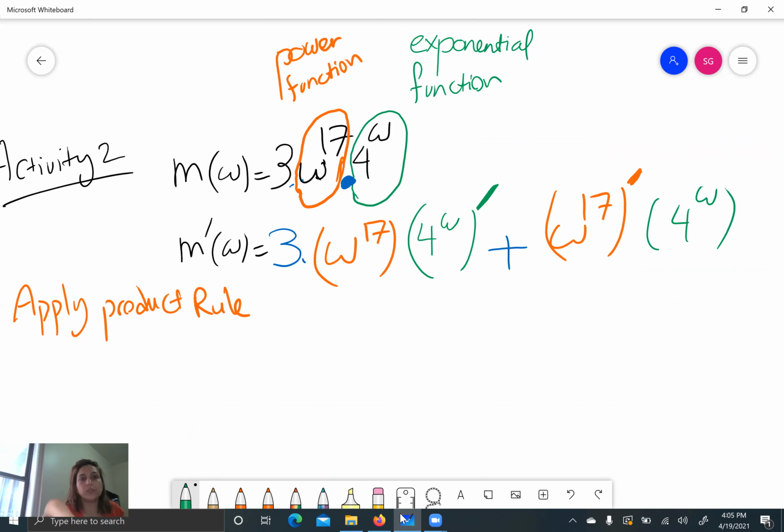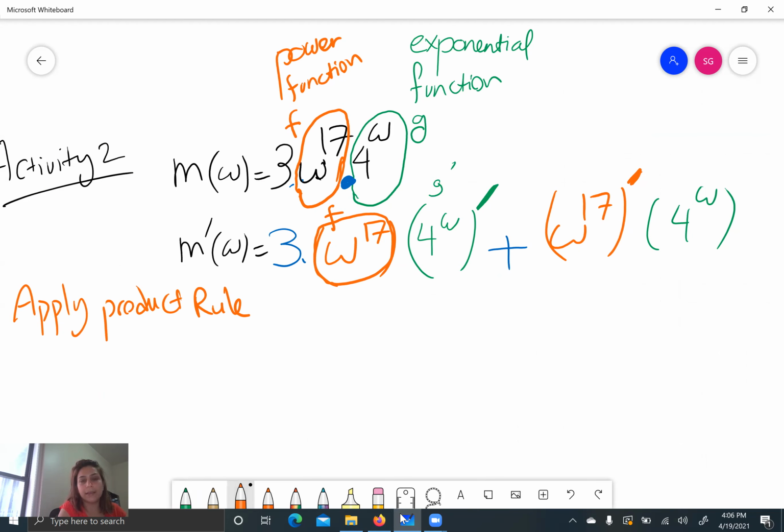Or if this is not clear for you, just give them names. If you cannot feel comfortable with this one, call this power function F and call this exponential function G. Then by product rule, you need to multiply F by G prime.